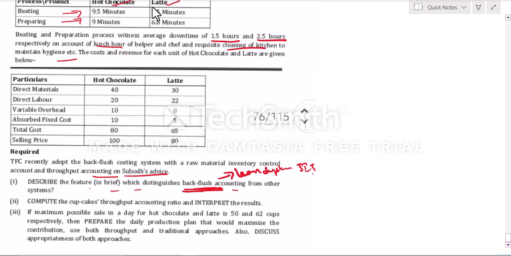Backflush accounting means we don't record each and every transaction simultaneously. We will postpone the transactions and we will record at a particular point of time only. So what will it have? It will save the cost and time. No one will be constantly sitting all day to record all the transactions whenever we buy, because in just in time accounting we buy very frequently.